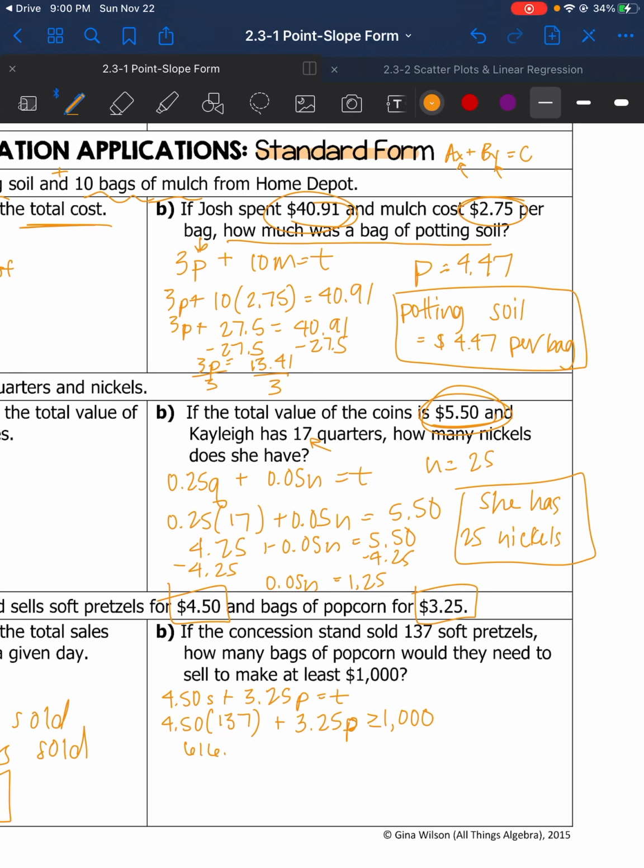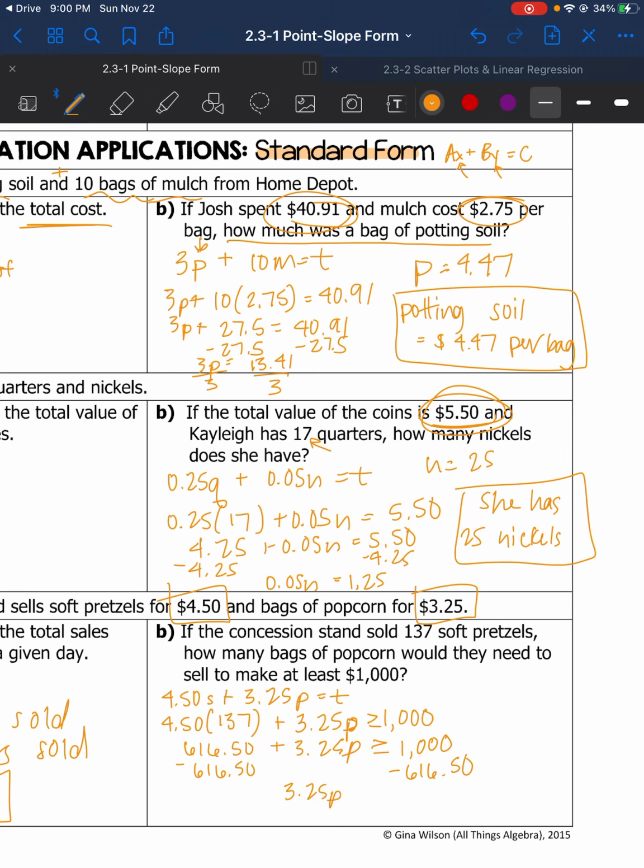Okay, so then let's do this multiplying. This is 616.50 plus 3.25p. This still has to be greater than or equal to 1,000. Remember, solving a linear inequality is just like solving a linear equation unless you're multiplying or dividing by a negative number. We don't have any negatives here. We're going to subtract 616.5 from each side.